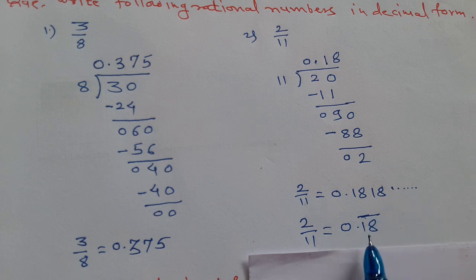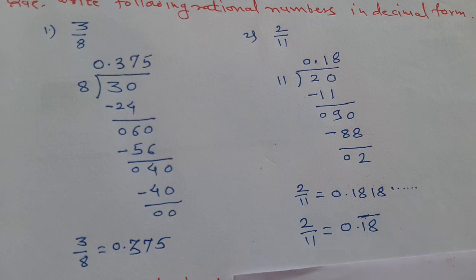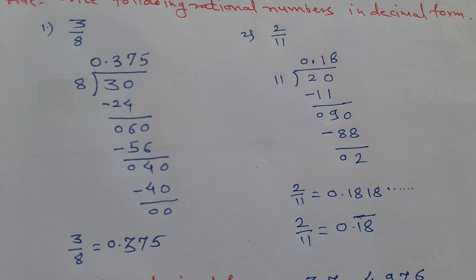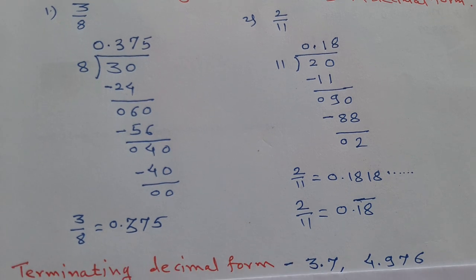We can write it this way also: 0.18 recurring, read as 0.18 recurring.